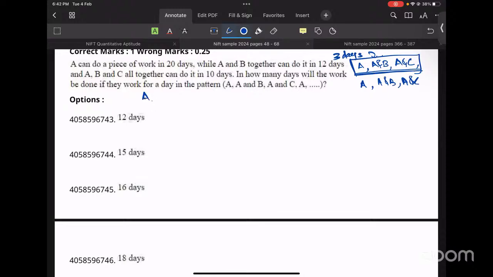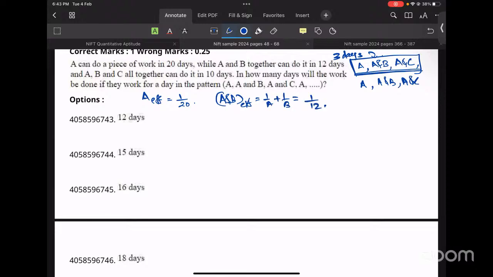So efficiency of A, we know that 1 by 20. We know that efficiency of A and B, that is 1 by A plus 1 by B, we have 1 by 12.